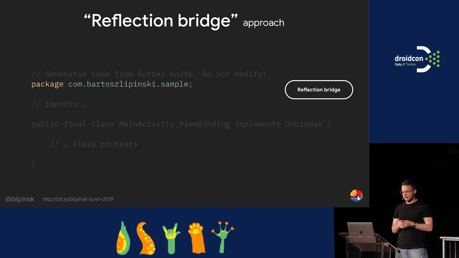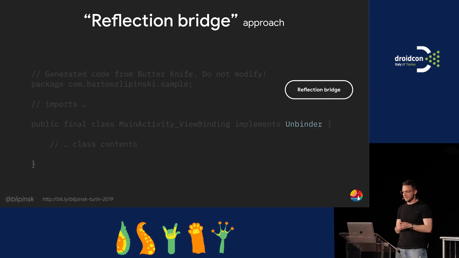It also knows that this class will be put inside a particular package, to be exact, the package where your main activity sits in. And of course, it also knows the API of the generated class in the form of an interface, basically.